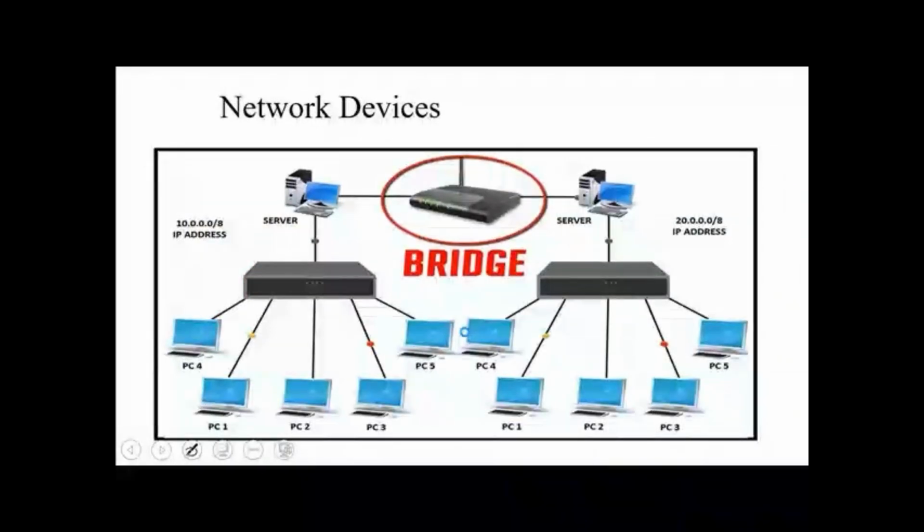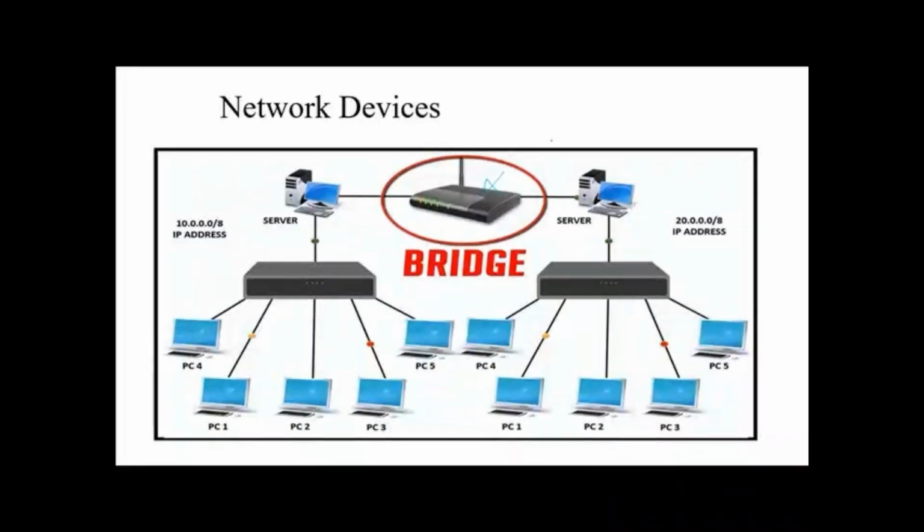Then we have a bridge. Normally a bridge also connects different types of network with each other. We can use them in networks, but with the invention of modern switches and more capabilities, this device is quite obsolete nowadays, but still it was used in networks for some time.